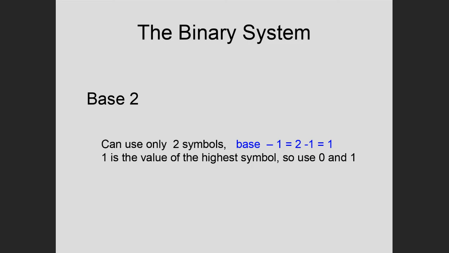So we use the binary number system, base 2. So we apply our equation. Base 2 means there's 2 symbols. The base minus 1 is the value of the highest symbol, which is a 1. And so in the binary number system, we're only allowed to use the number 0 or the number 1. If I need to count higher than the 1, then I start to repeat, just like I showed you how to repeat in the base 10 number system. It's exactly the same way.